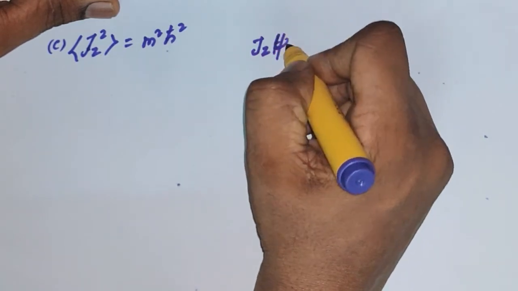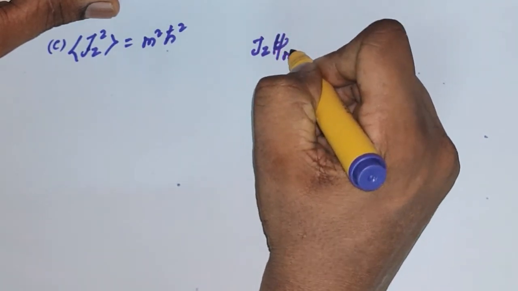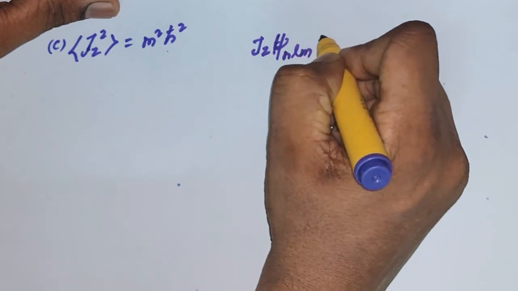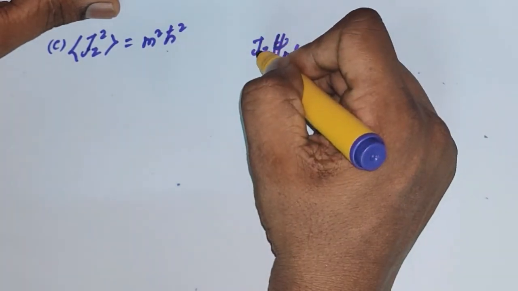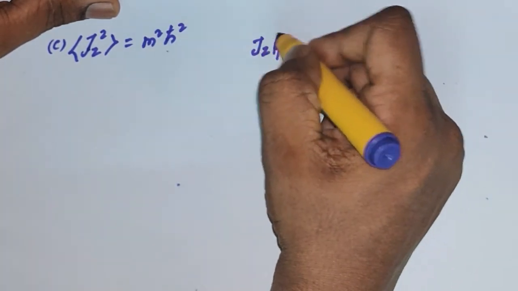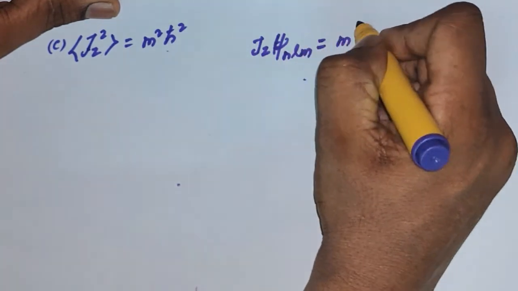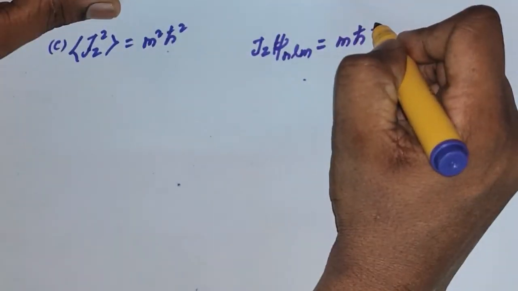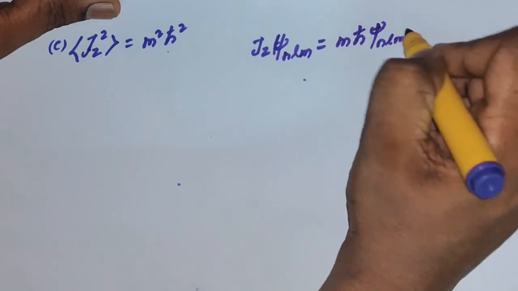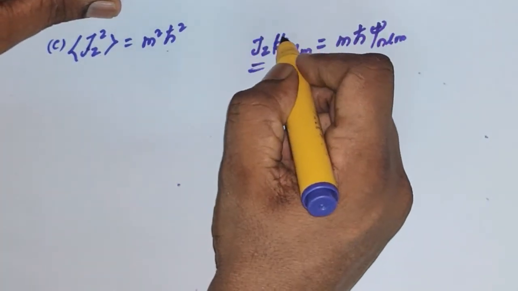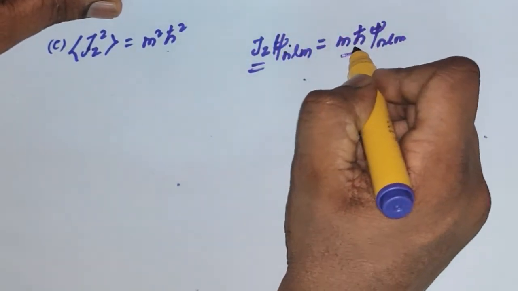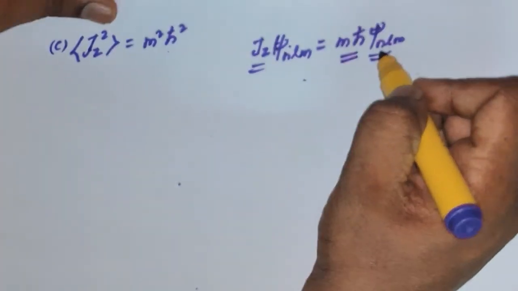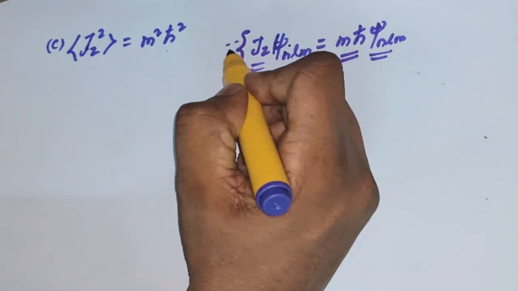Suppose the wave function has the principal quantum number n, the orbital quantum number l, and the magnetic quantum number m. The eigenvalue equation is Jz psi nlm equals m h cut psi nlm. The z component of the operator operating on the wave function gives the eigenvalue m h cut times the same wave function. This is the tool we are going to use here.